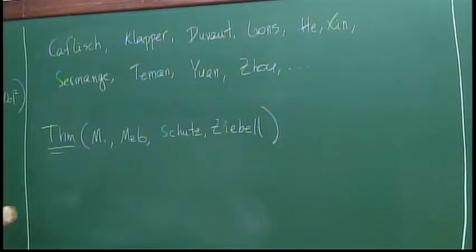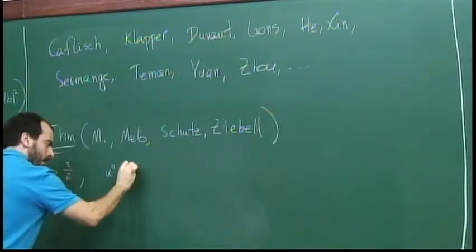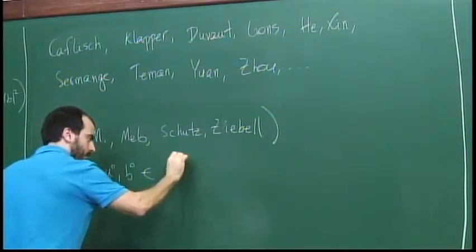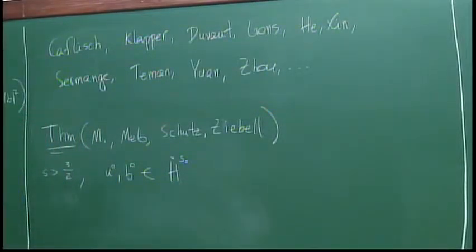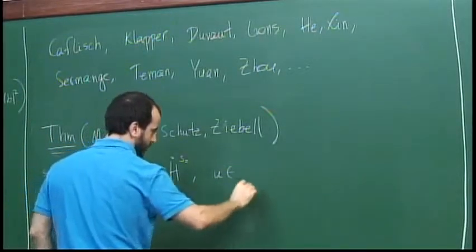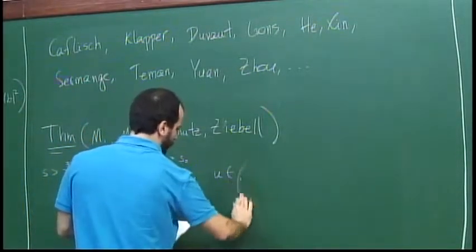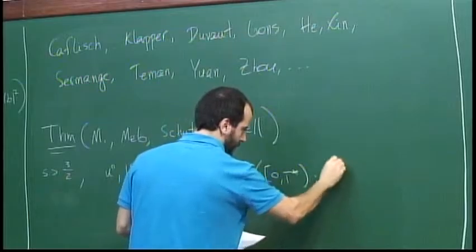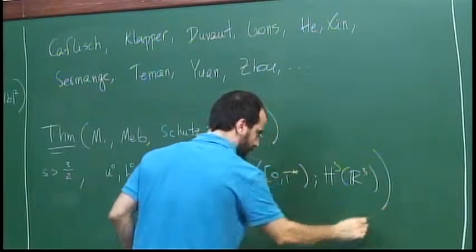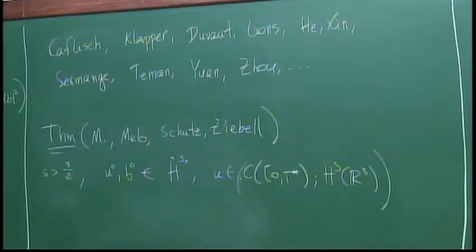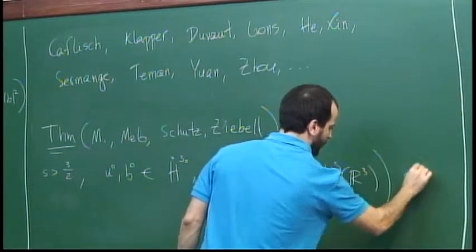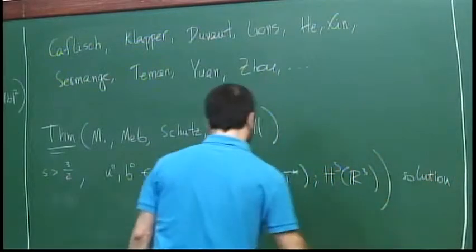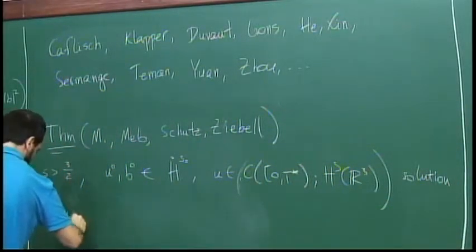And we prove that if S is greater than 3/2, and we have initial conditions in the right space for us, which is H dot S naught, and U a solution as in Benamer, in C of 0, T star, H^S, so a solution of MHD.